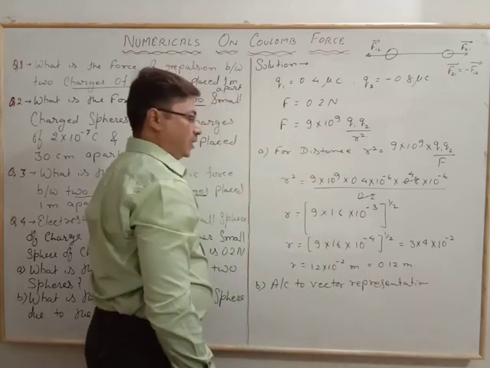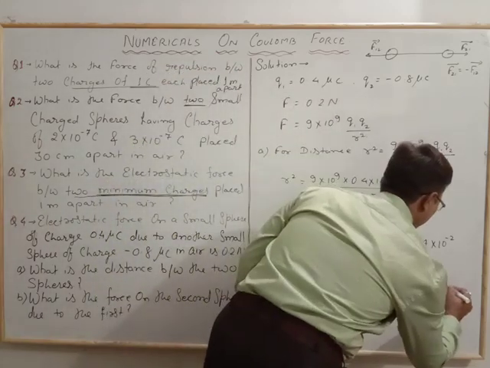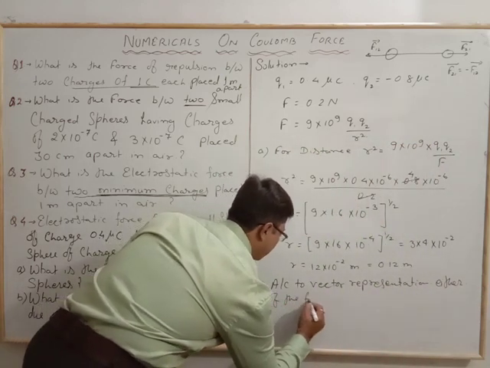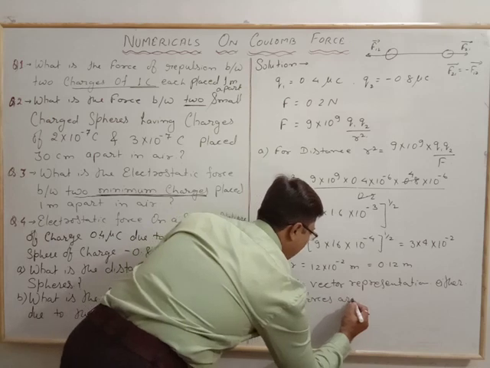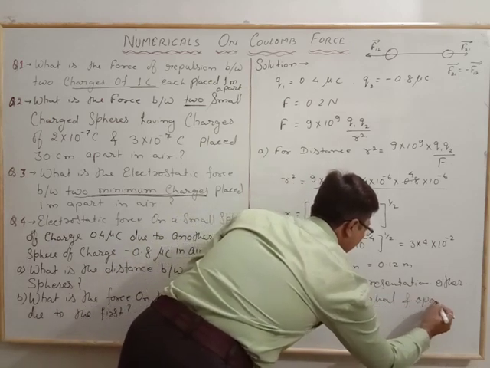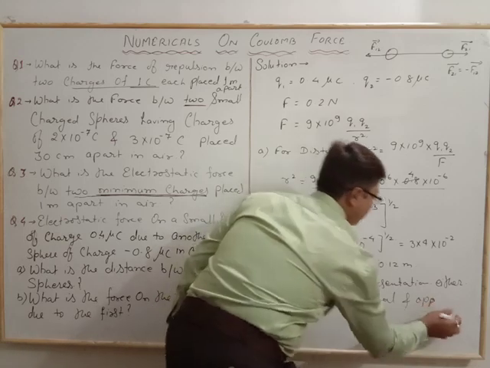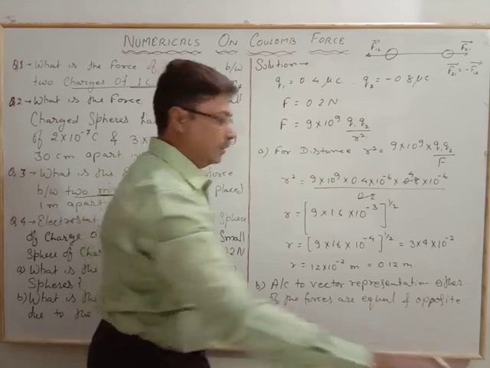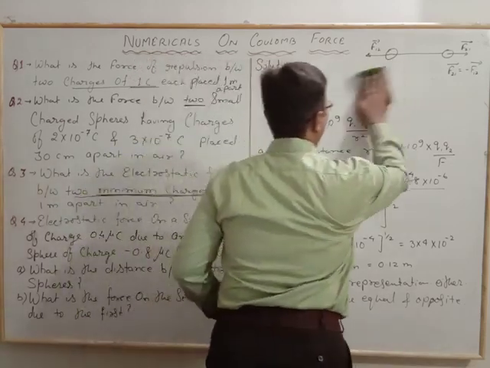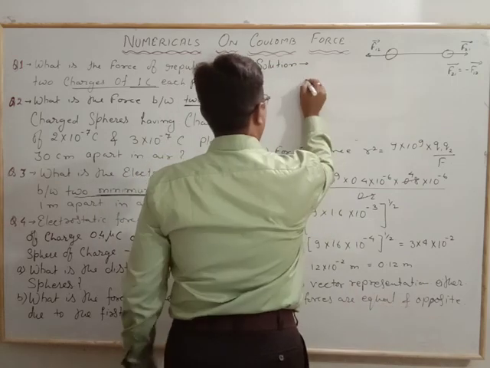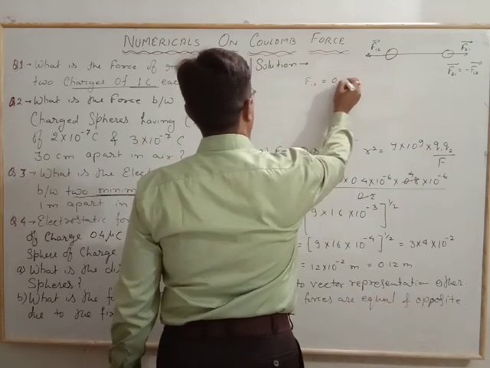either of the forces are equal and opposite. So we will write here F12 is equal to 0.2 Newton.